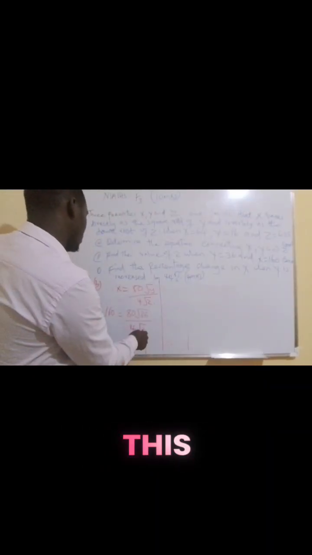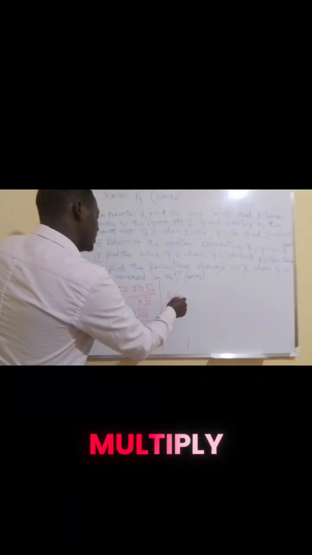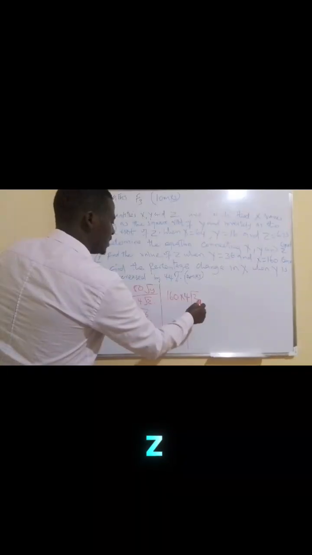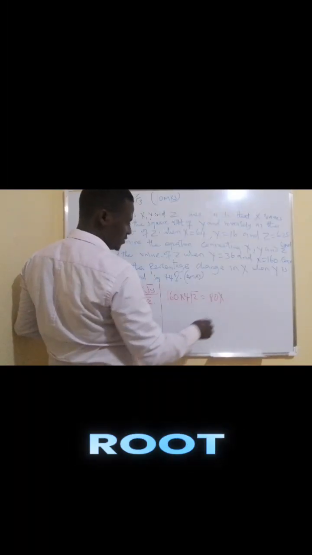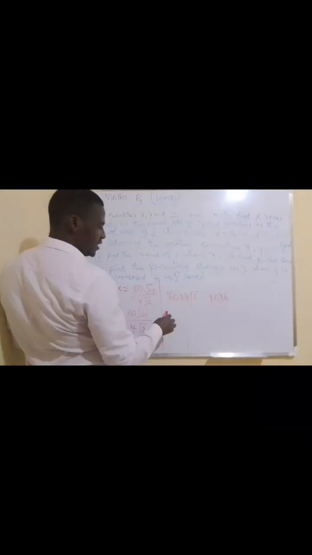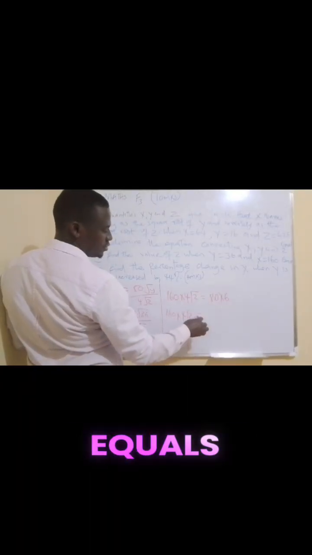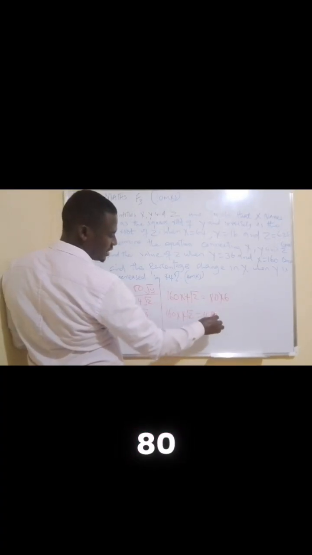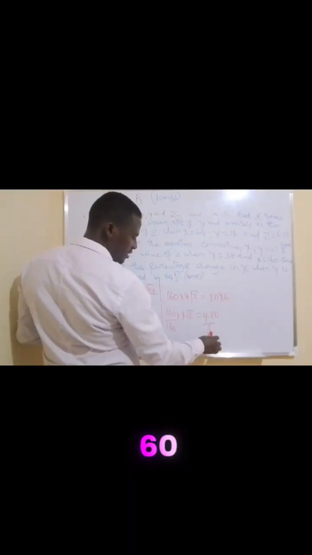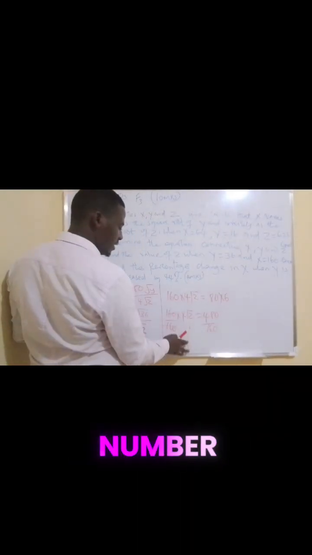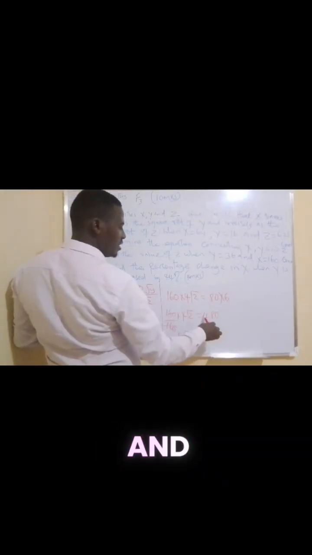That means 160 cross multiply times 4th root of z equals 8 times the square root of 36, which is 6. So 160 times 4th root of z equals 480. Here we're going to divide by 160, so the 4th root of z equals 3.